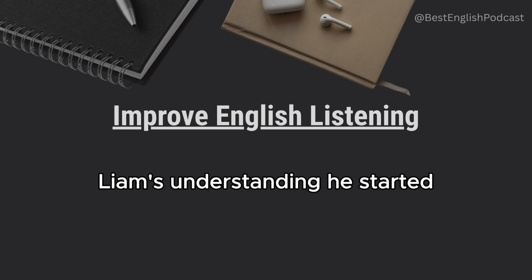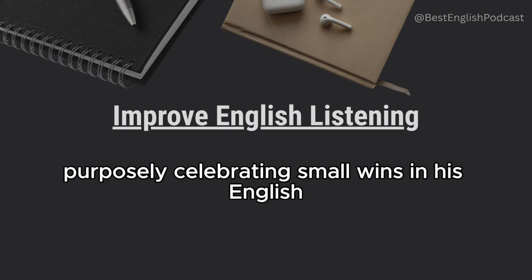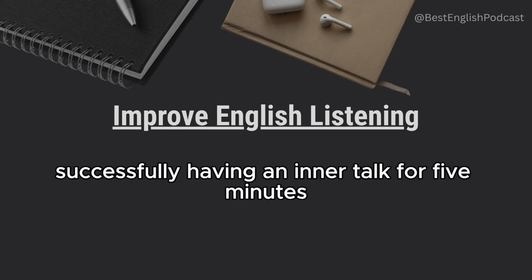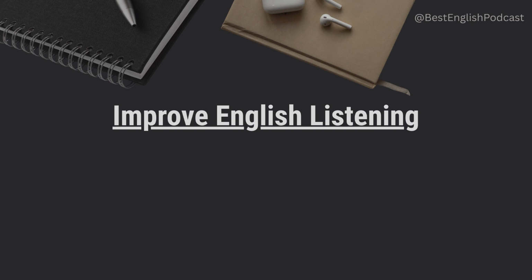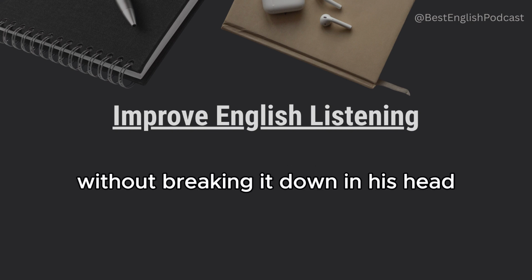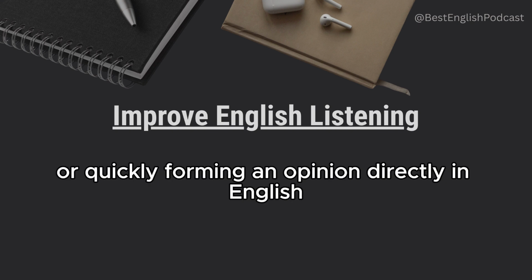Liam's understanding. He started purposely celebrating small wins in his English thinking, no matter how tiny. Successfully having an inner talk for 5 minutes without translating, understanding a complex English sentence without breaking it down in his head, or quickly forming an opinion directly in English.